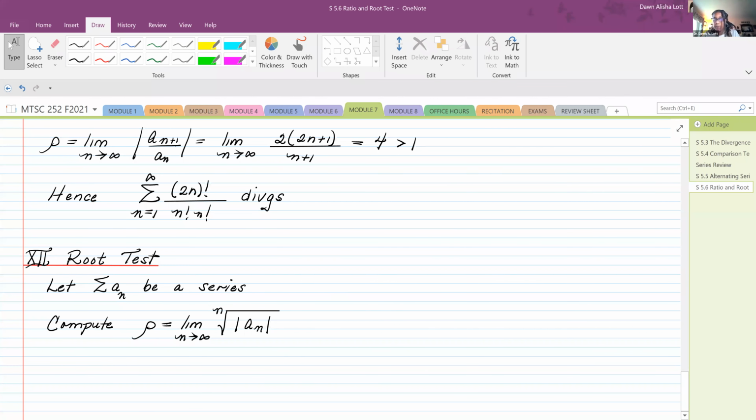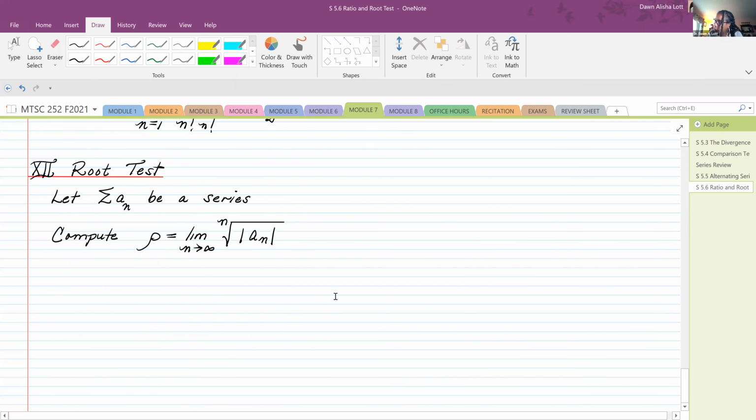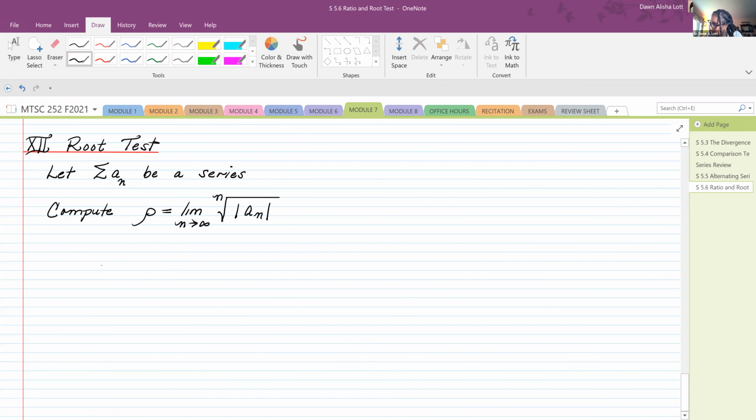If rho is less than 1, the series converges. If rho is greater than 1, the series diverges.